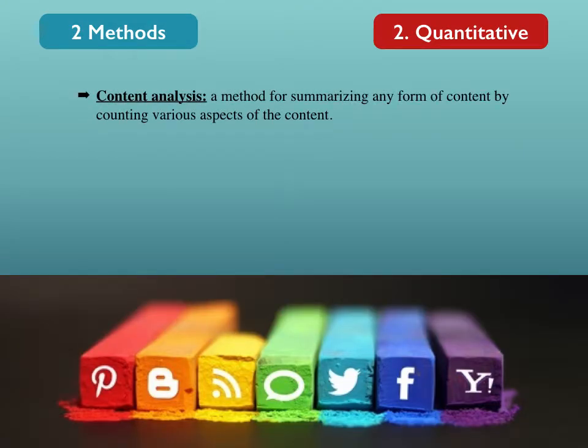Another method is content analysis. A content analysis is a method for summarizing any form of content by counting various aspects of the content. The example I'm going to use is a content analysis that I worked on a few years ago.